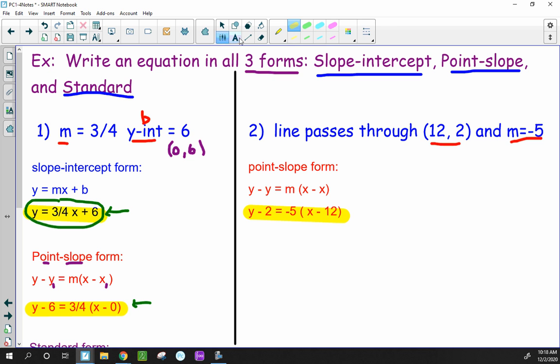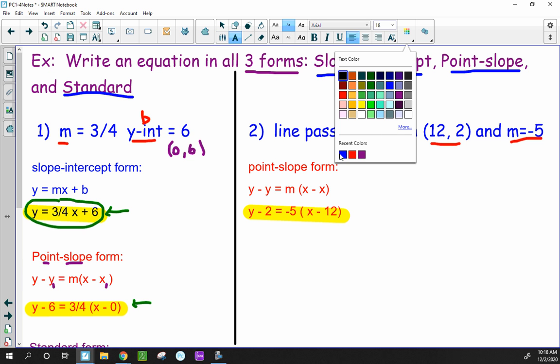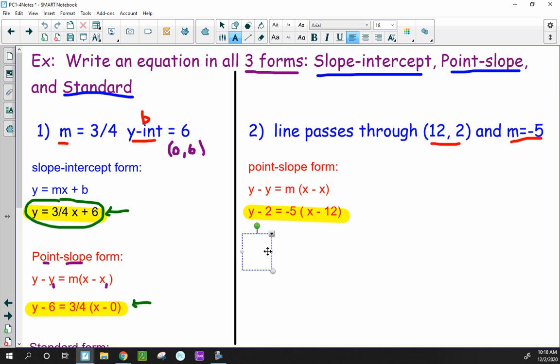Okay, next, I'm going to go with the slope-intercept form. There are a couple ways to do this.